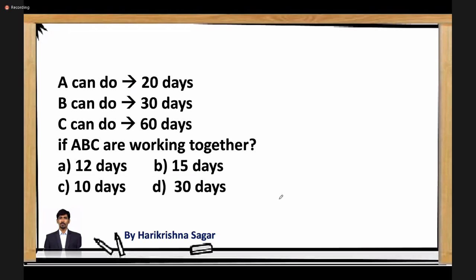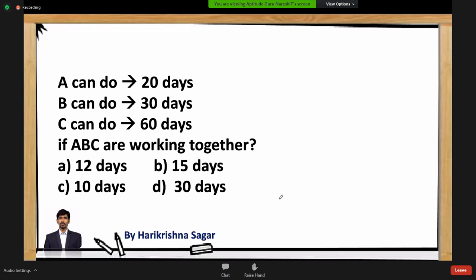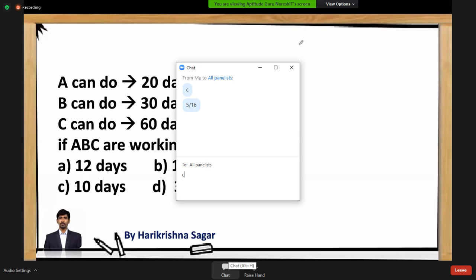B can do the same work by taking 30 days of time. C can do the same work by taking a time of 60 days. If A, B, C are working together, how many days will it take to complete the work?